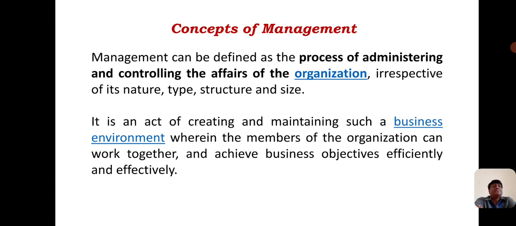Look at the second aspect of the slide. It is an act of creating and maintaining such a business environment wherein the members of the organization can work together. Management is managing the business affairs of a giant company. In a company, there won't be any single person. There will be so many people working in a company.